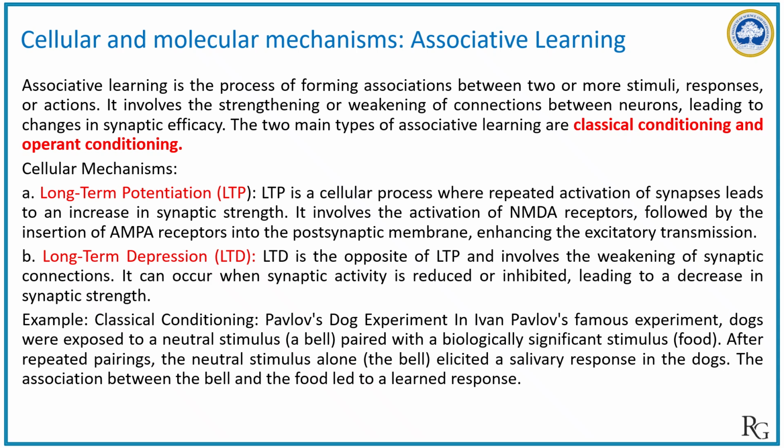For instance, if you hear a ticking clock in your room, you may notice it at first, but over time your response vanishes. At the cellular level, habituation is associated with reduced neurotransmitter release or decreased sensitivity of postsynaptic receptors. And sensitization is the opposite, an increase in response following a strong or noxious stimulus.